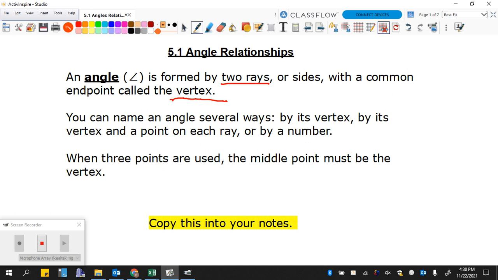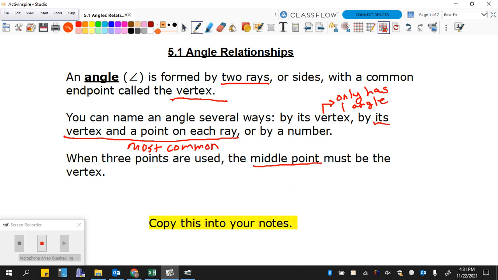You can name an angle several different ways. You can name it by its vertex if it only has one angle. You can name it by its vertex and a point on each ray. This is the most common, and in that case, the vertex has to be the middle point.